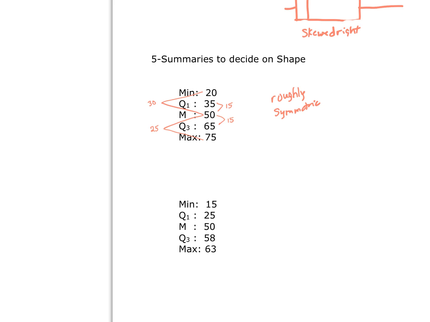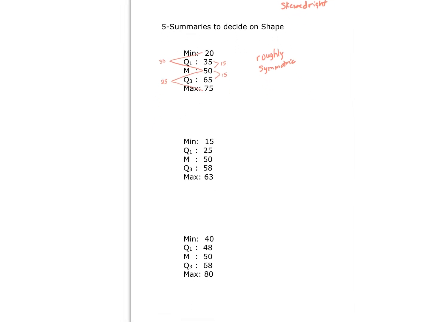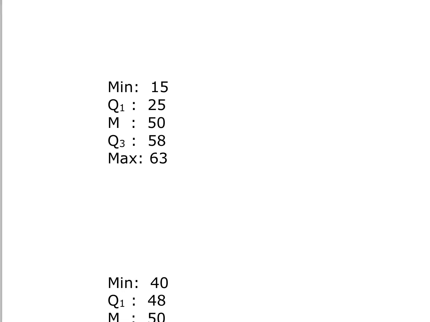All right, let's take a look at another one here. Let's find our differences. So we're looking at this difference and this difference. 50 to 58 is 8, 50 to 25 is 25. We also need to consider this difference and this difference. 50 to 63, that gives us 13. 50 minus 15, that gives us 35.